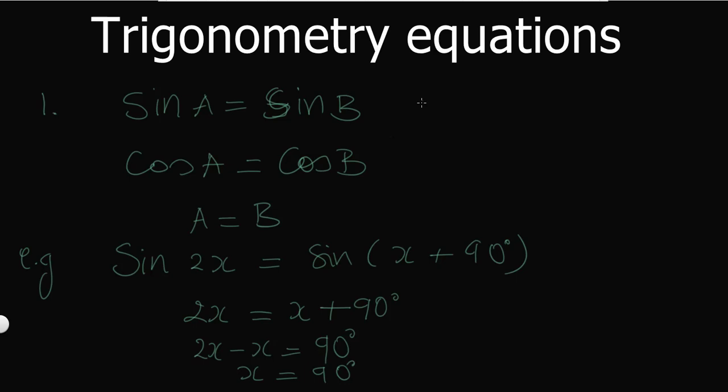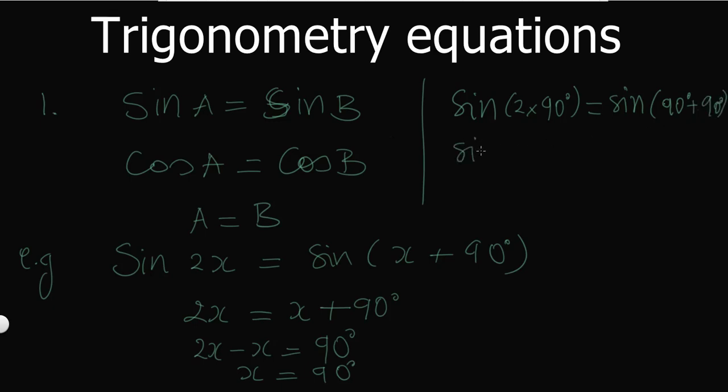So if you verify, let's check, when x is 90 degrees, we have 2 times 90, and here we have sine also of x, which is 90 degrees plus 90.